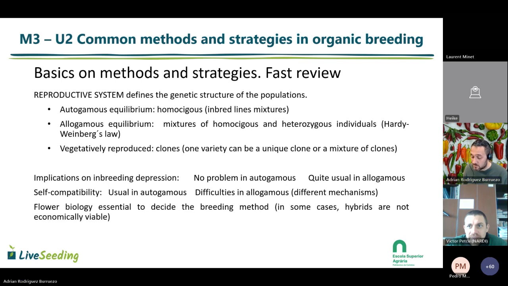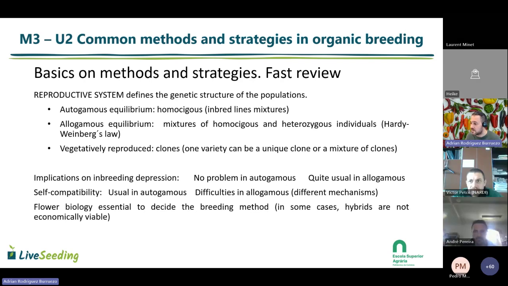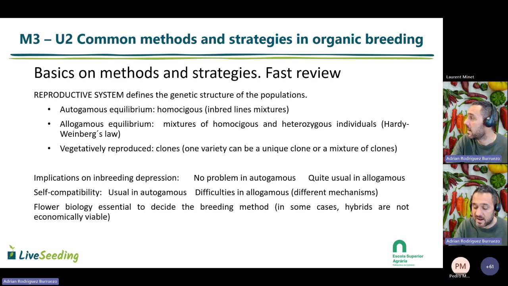And now, centuries or millennia after, those genes which provoke inbreeding depression have barely disappeared from their genomes. So in autogamous species, it's not a problem to force selfing, to force inbreeding towards highly homozygous lines, okay? But the problem is quite usual in allogamous.